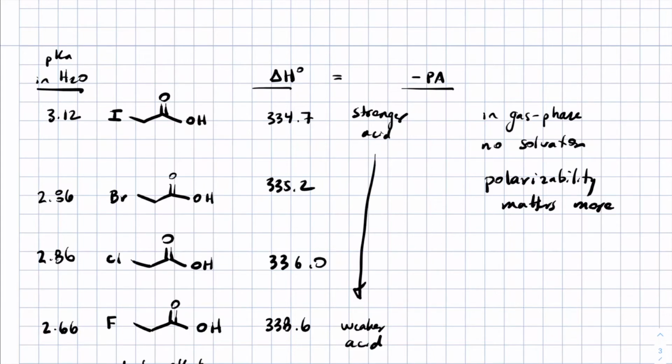And because of that, iodo can polarize its electron density to help spread out the negative charge in the conjugate base. And it can do a better job of that than can fluoro, because fluoro is small. Even though fluoro is more electronegative, it turns out when you're in the gas phase and unsolvated, polarizability and size matter more. Okay?